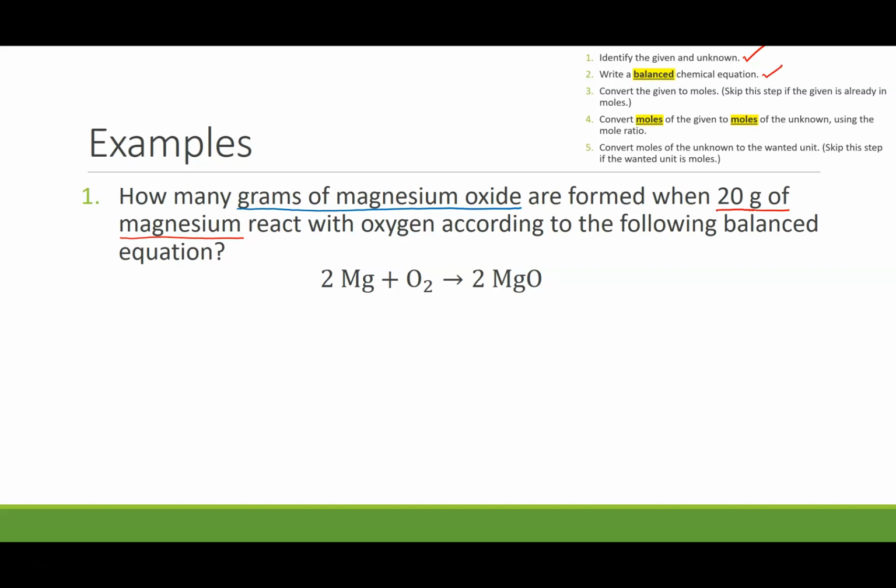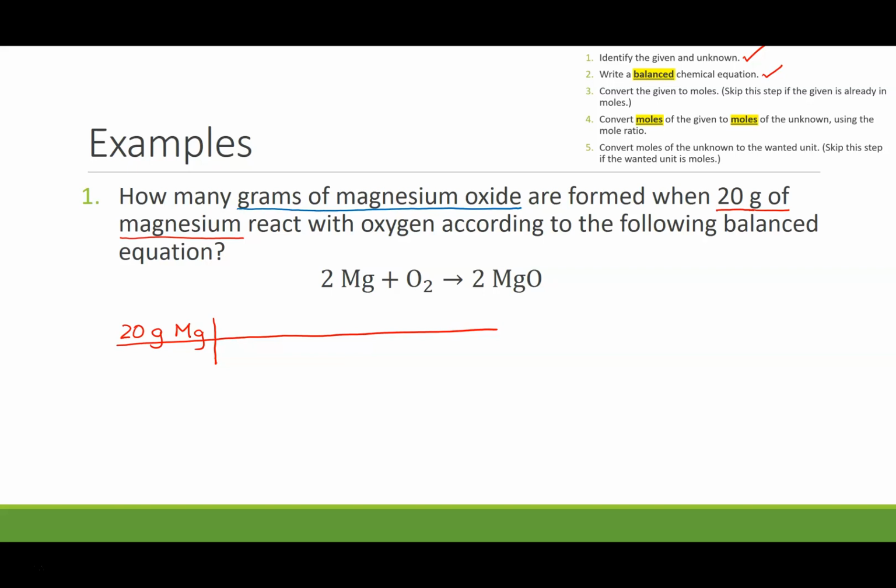Step 3, convert the given to moles. Our given is 20 grams of magnesium, so we will write that out and we will start the dimensional analysis grid like this. Now we need to convert from grams to moles, so I need the GFM of magnesium.